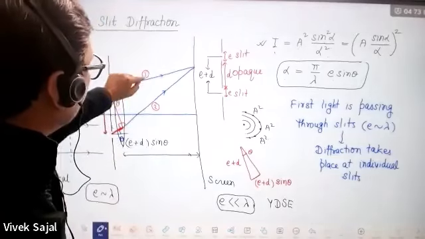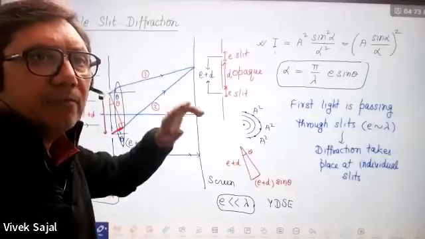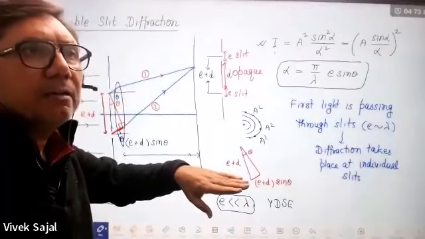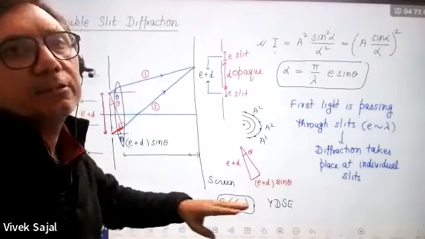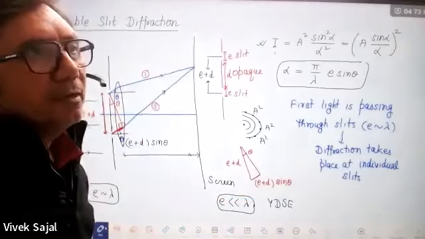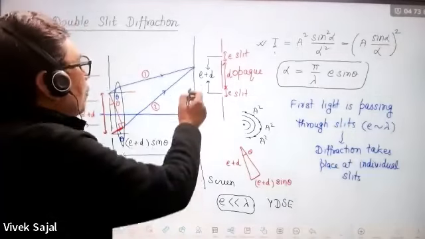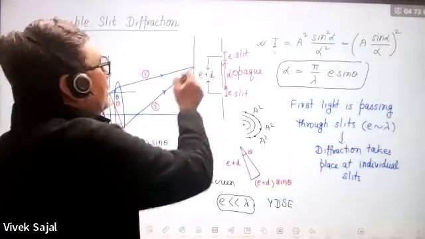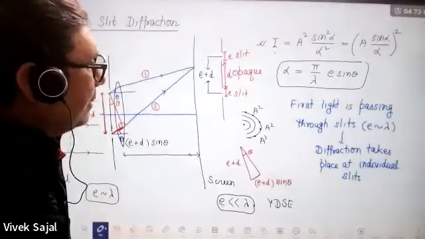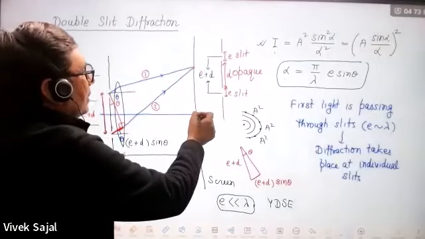So in between these two rays which are reaching here, frequency is the same, wavelength is the same, and the path difference or phase difference is constant. So automatically between 1 and 2 here interference will take place. As a result of interference, what will be the intensity at this point? This is the central point.